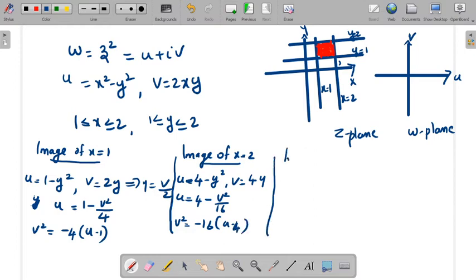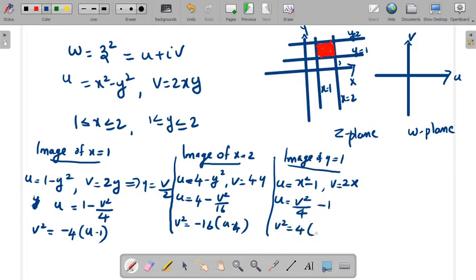Now let us take the other boundary, image of y equal to 1. We get u equal to x square minus 1, v equal to 2x. Eliminating x, it can be replaced by v by 2. So we get u equal to v square by 4 minus 1, or v square equal to 4 into u plus 1.